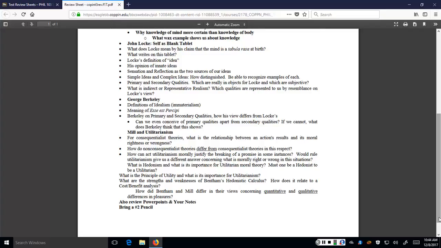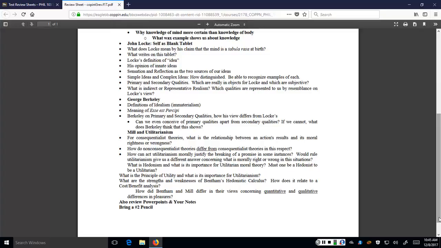Now, the problem with this is that Locke can never get behind his ideas to confirm his belief that they really do represent and resemble properties in the world.